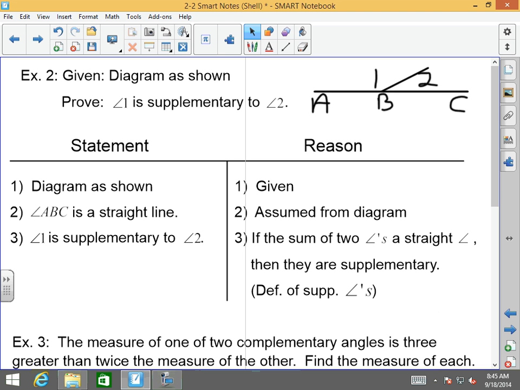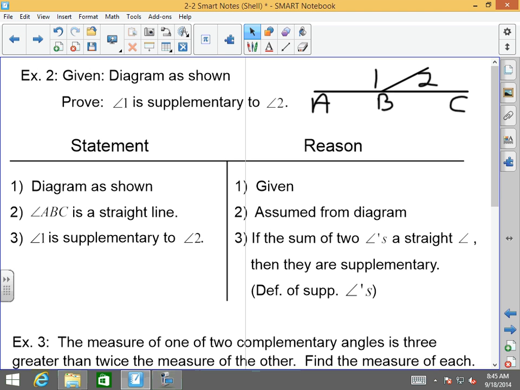You could have said, like I just finished saying, that angle ABC is a straight line. That's assumed. And then after that, if you wanted to, angle ABC equals 180 degrees, definition of straight angles. Then you could have said angle 1 is supplementary to angle 2, definition of supplementary angles. But proving or stating that a straight line equals 180 degrees is not necessary for this proof.